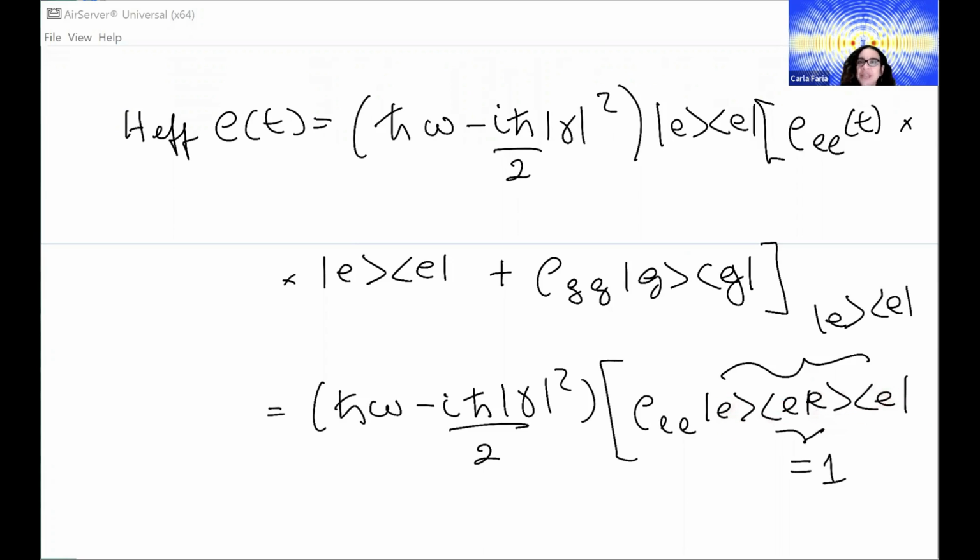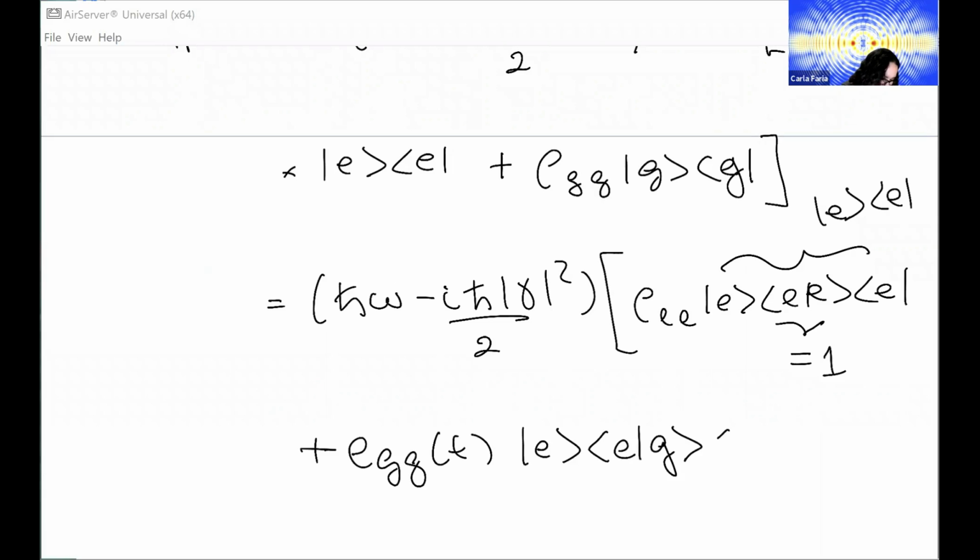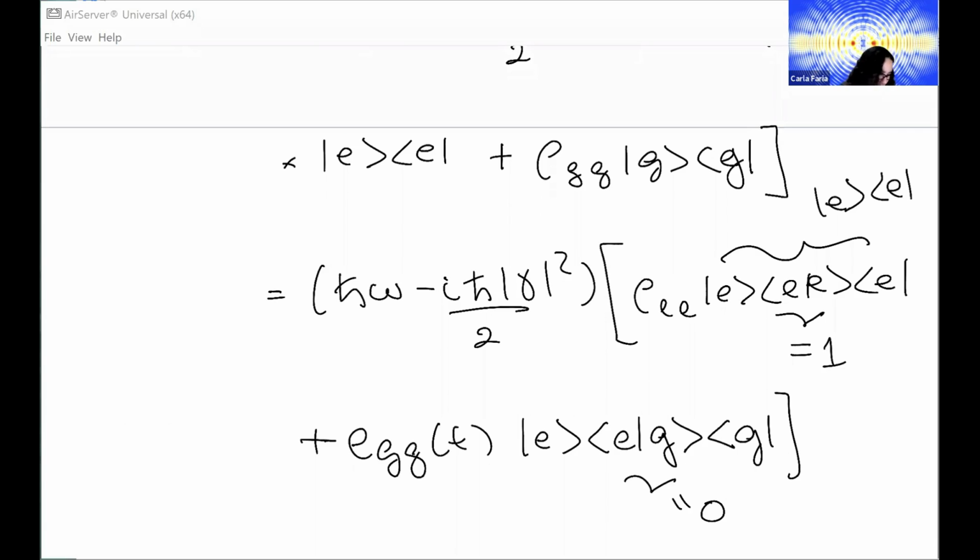We have seen that P² equals P if you have a projector. So that's actually what you expect. Plus ρ_GG(t)|G⟩⟨G|. Then you have this projection to the excited state, but you have this other state which is orthogonal, so this is 0. Done.